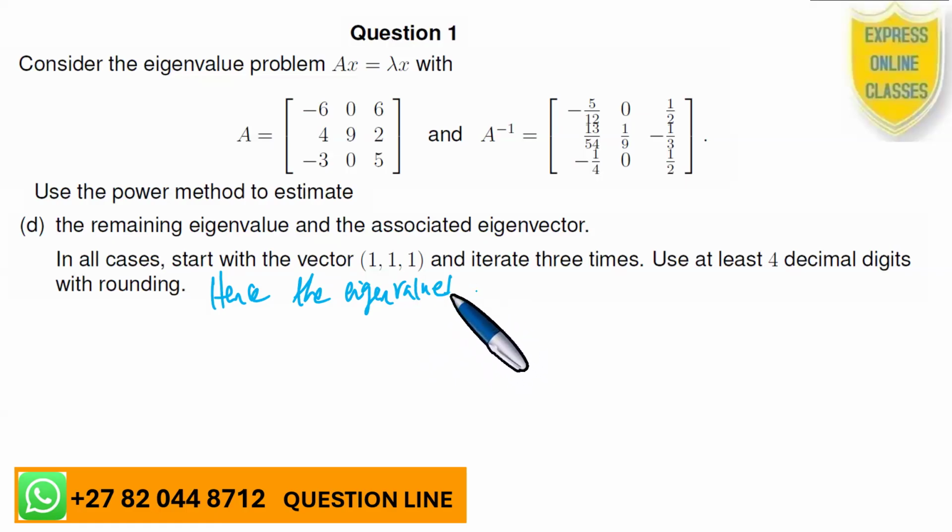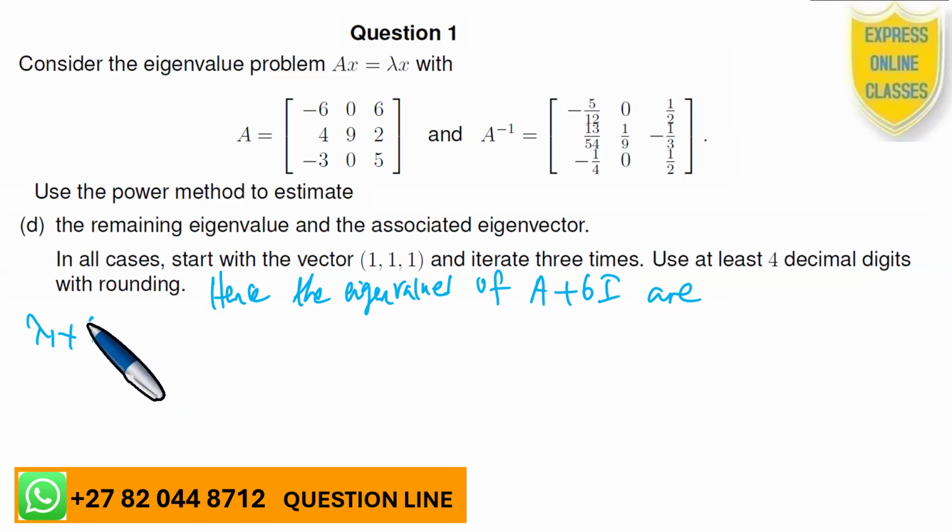Hence the eigenvalues of A plus 6I are lambda 1 plus 6, lambda 2 plus 6, lambda 3 plus 6.